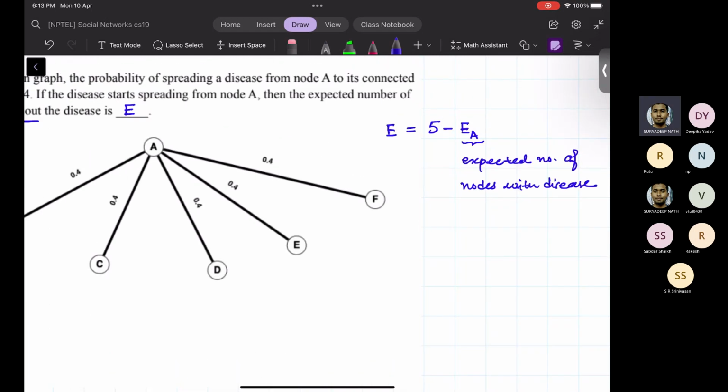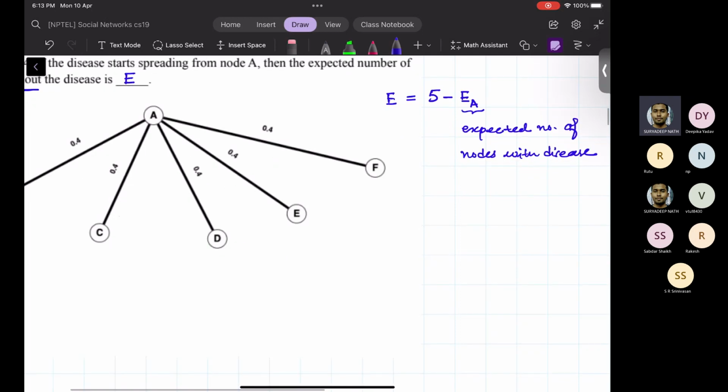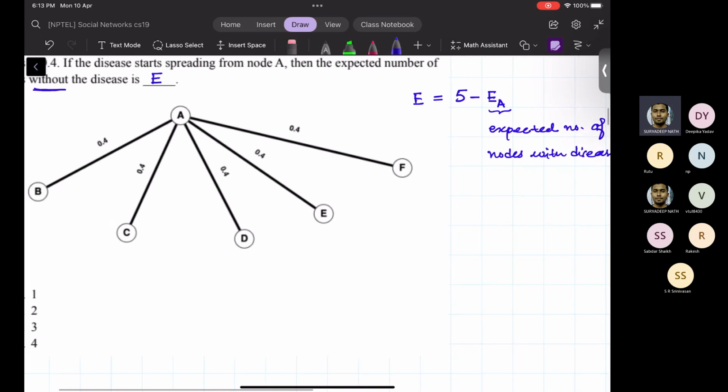So let us try to find what EA will be. EA is an expectation of a random variable.